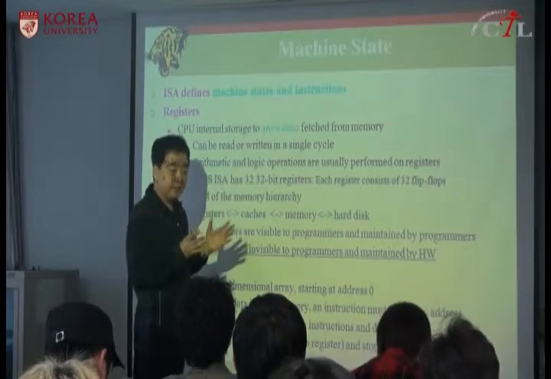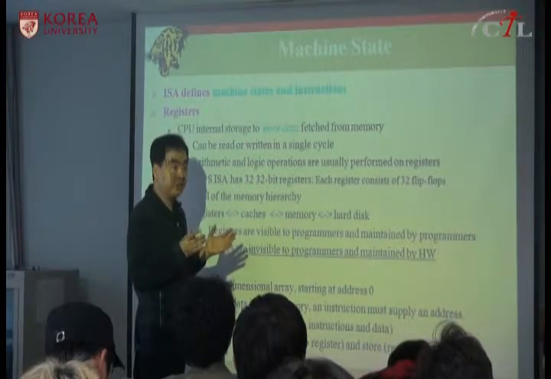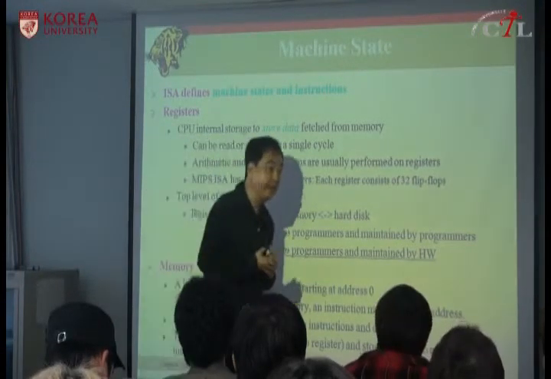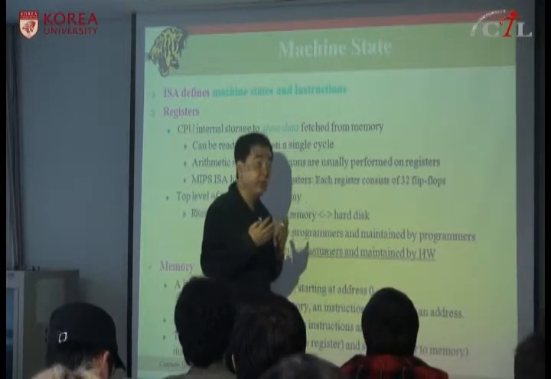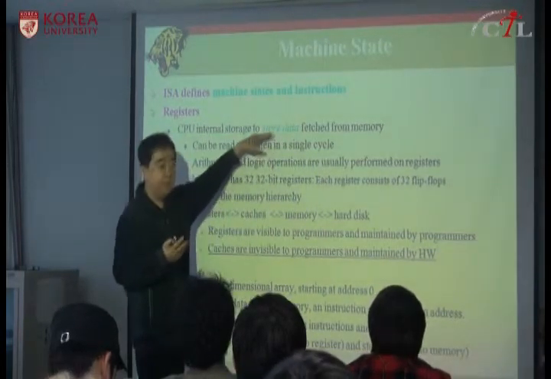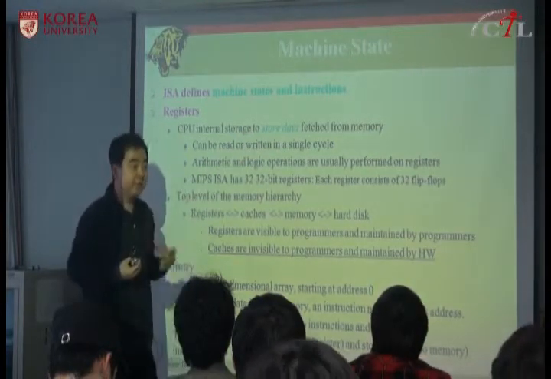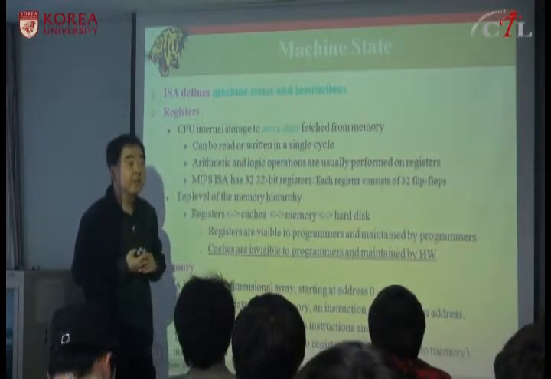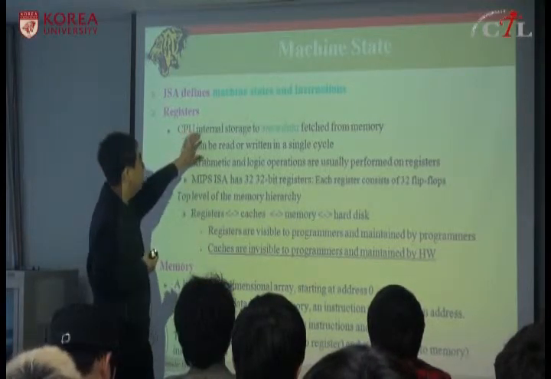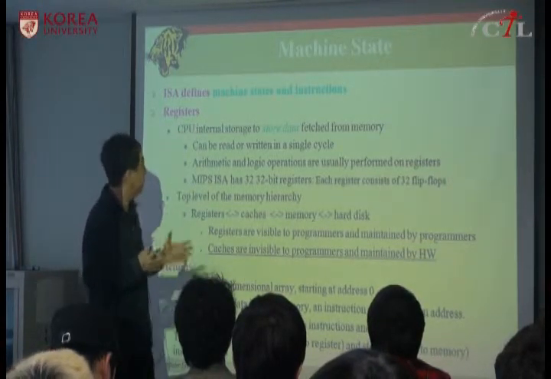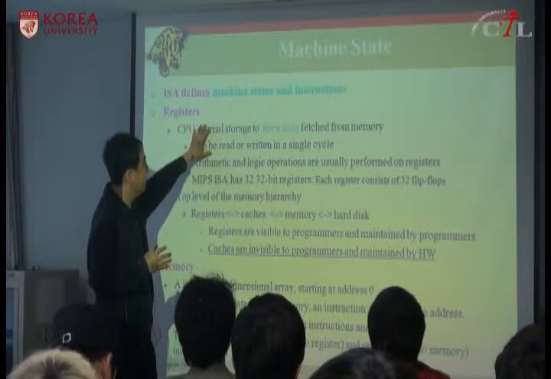There are some registers that can contain instructions, but they are controlled by the machine, not by you. So the programmer has control only over the data registers. Okay, the processor fetches instructions automatically. Okay, and registers are internal. They're inside the CPU.